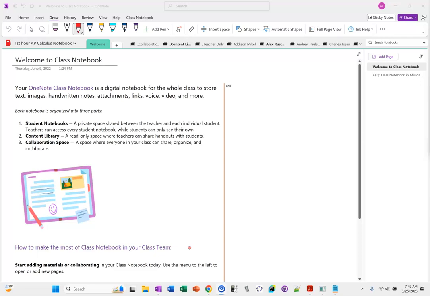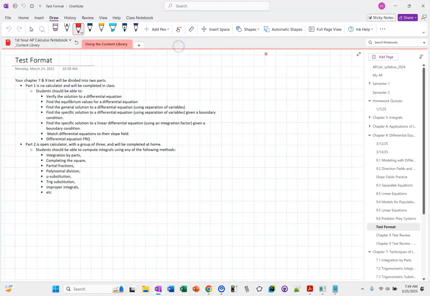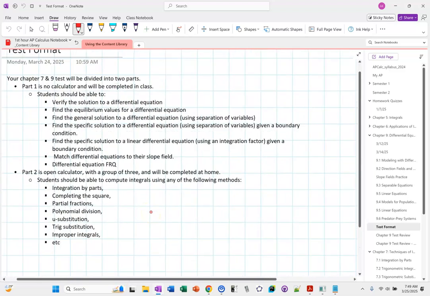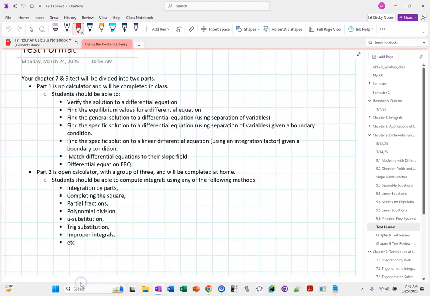The test format for this last test 7 we had talked about already, but we'll do it again as I've finished writing everything. So part 1 is no calculator. It's going to be something we're going to do in class.